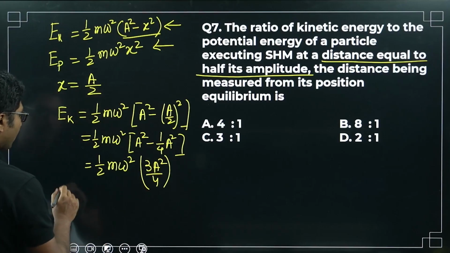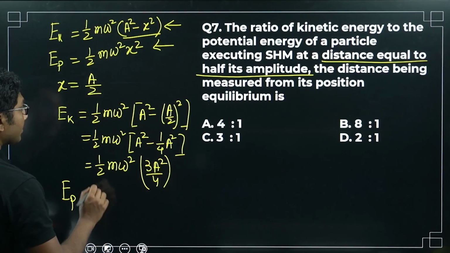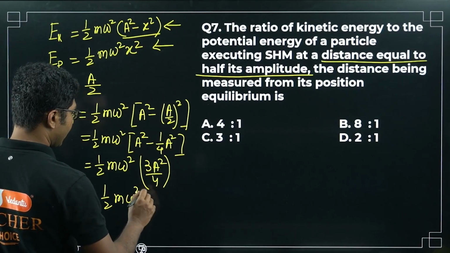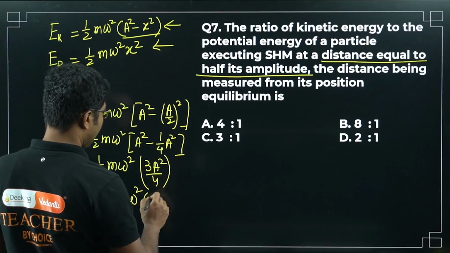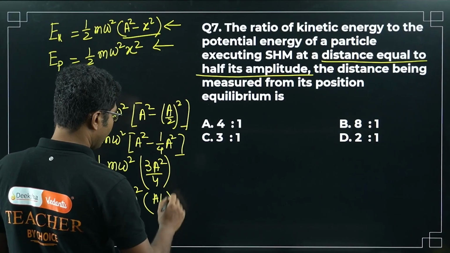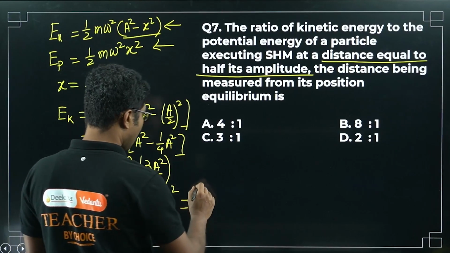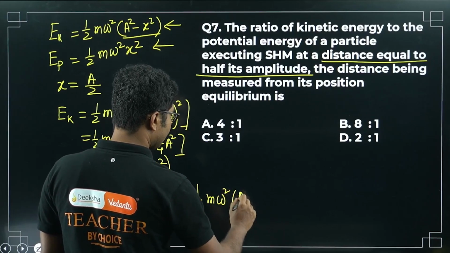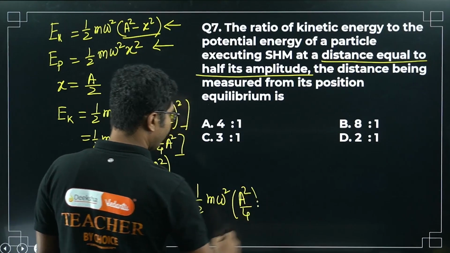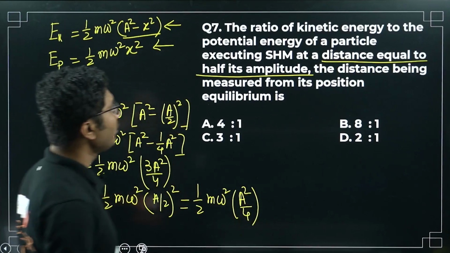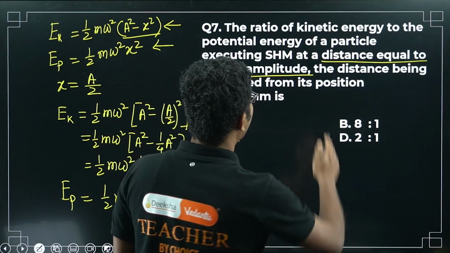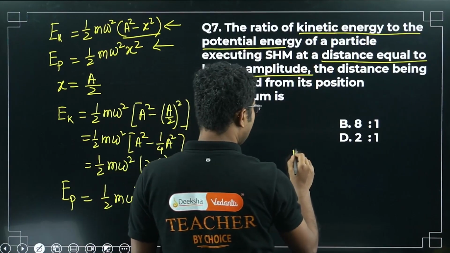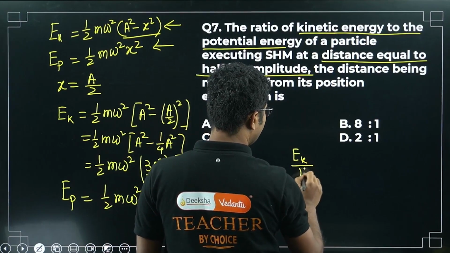And what is the potential energy? Potential energy is half m omega square (a by 2) whole square, that is half m omega square a square by 4. Now we have to find the ratio of kinetic energy to potential energy, Ek by Ep.